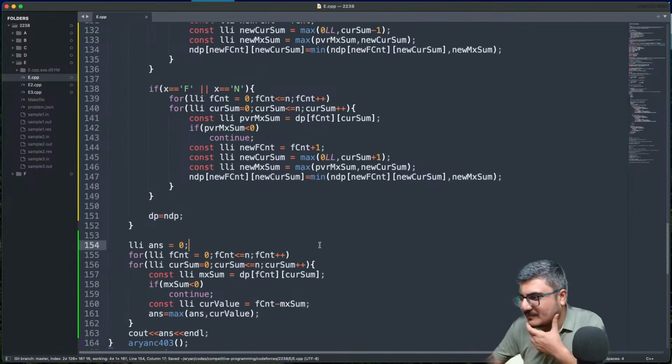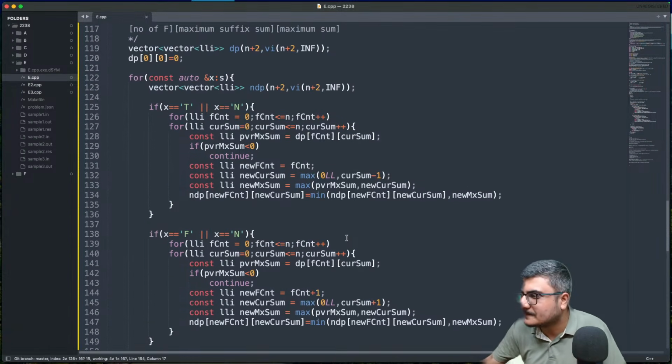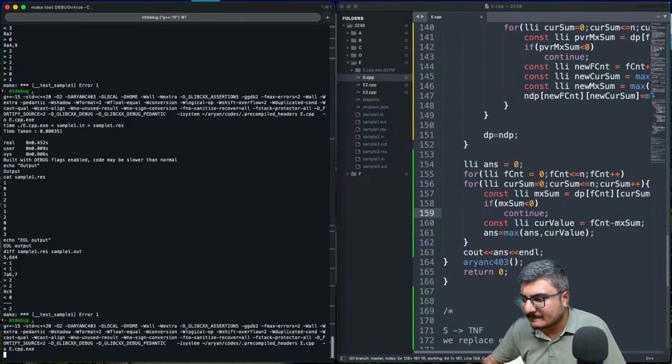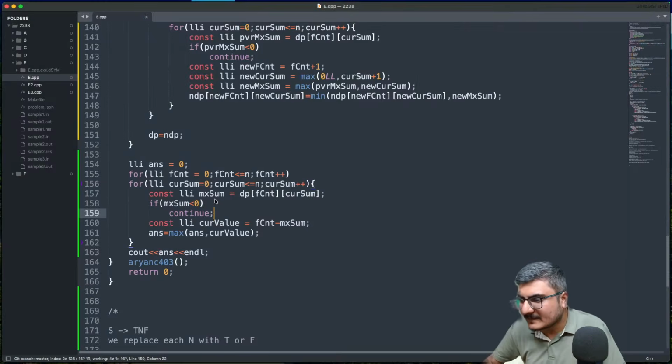That's what we want to keep our states for, because we have a choice whether it should be true and false, right? Yeah, this works.